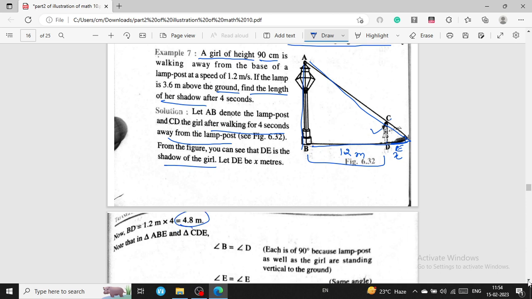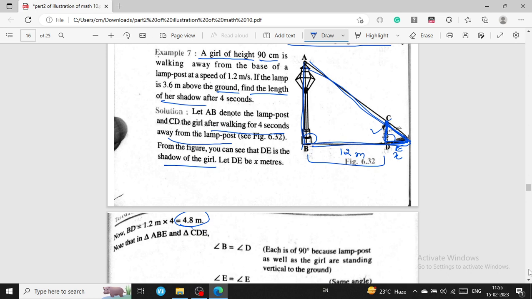And so in triangle ABE and triangle CDE, we will find that angle B is equal to angle D because both are 90 degrees. Both make 90 degrees because the lamp post as well as the girl are standing vertically to the ground.